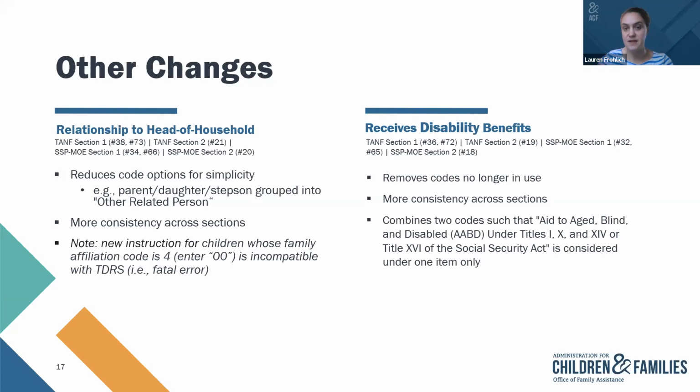So that's something that we just want to flag, and that the TANF data portal will not be an issue, but you don't have to rush to make this change. For receives disability benefits, again, we removed codes no longer in use, worked for more consistency across sections, and combined 2 codes.